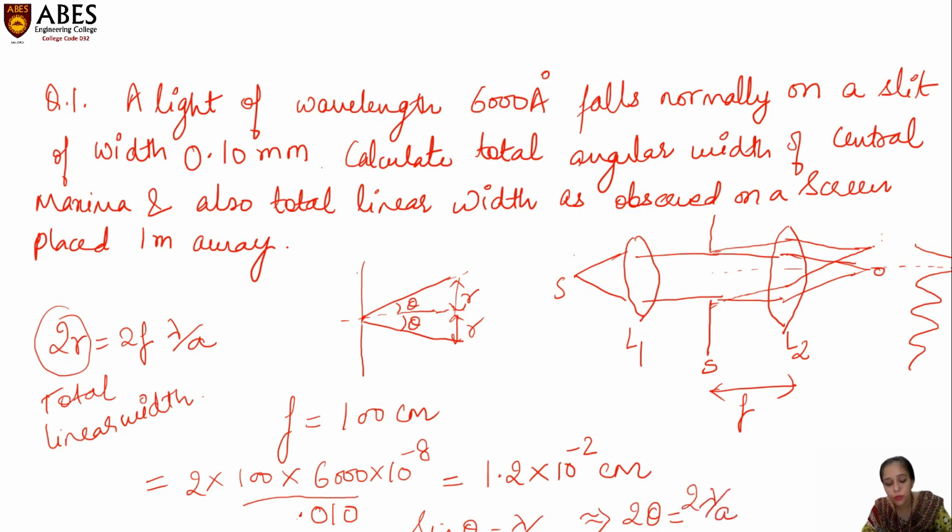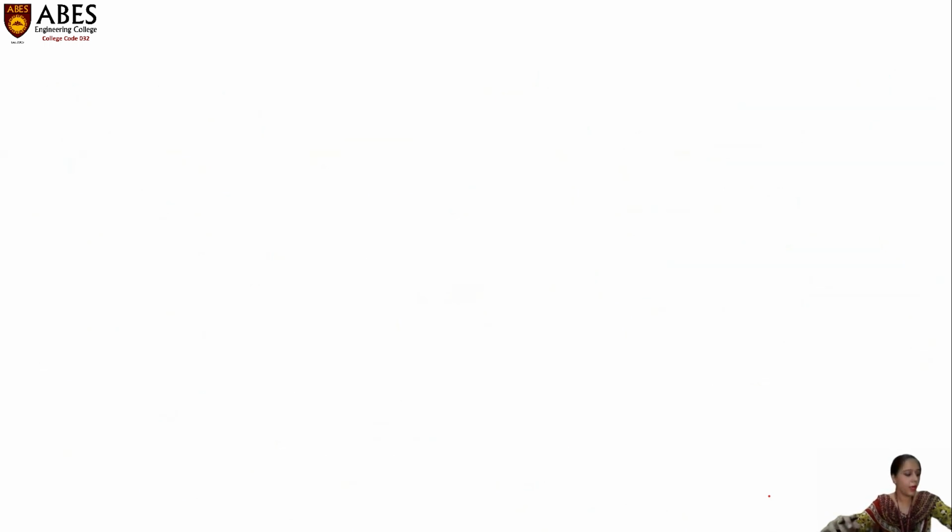And if we solve it, it will come out to be 1.2 into 10 raised to the power minus 2 radians. Is that clear? So total linear width will be 2R and total angular width will be 2 theta. So coming to the next question now. I hope this is clear to everyone.